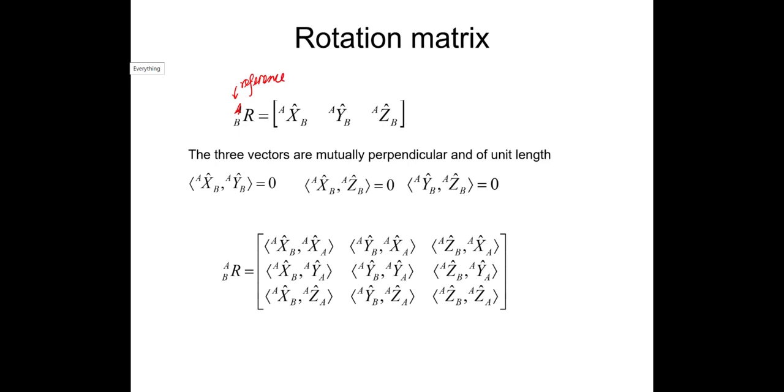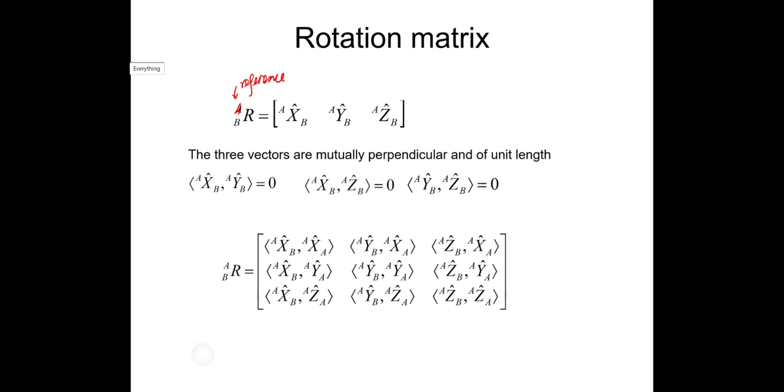The rotation matrix means: for XB, YB, and ZB, what are their projections in frame A? That is the rotation.